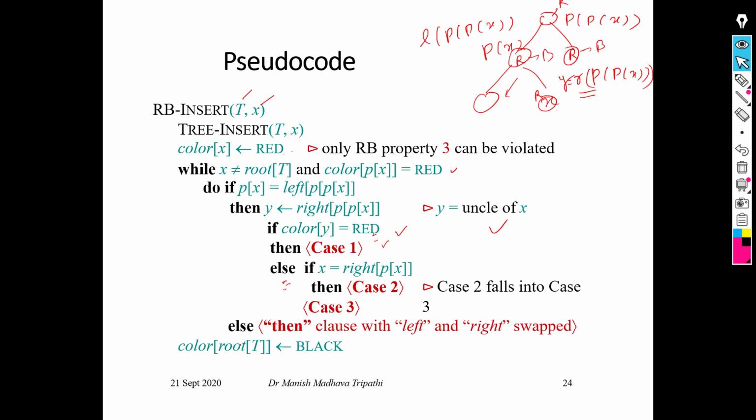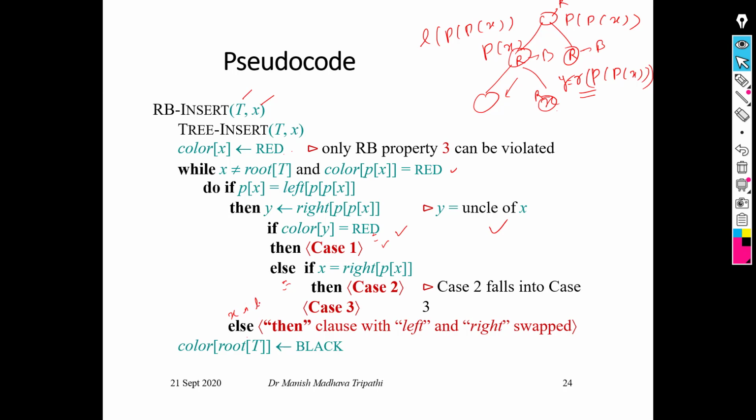Else, in this else, the if condition is unsatisfied. That means x is not the right child of its parent; x is the left child.